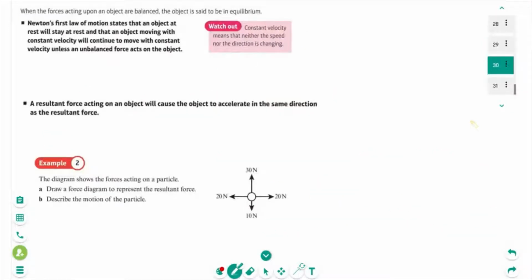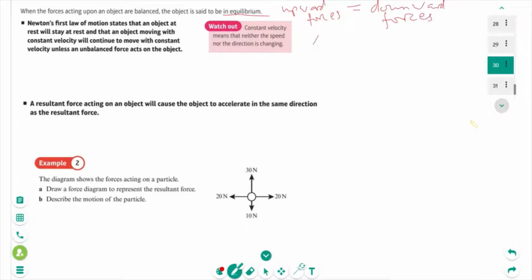So the next bit: when forces act upon an object and balance, this word is equilibrium. Equilibrium just means the forces are in balance. It means the upward forces equal the downward forces, and the left forces equal the right forces.